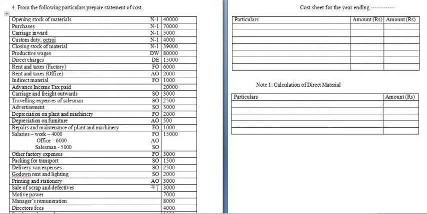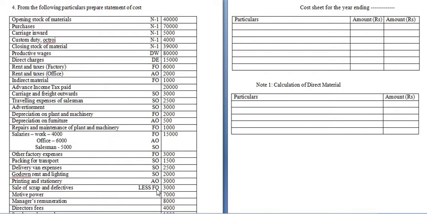Next comes sale of scrap and defectives. So this has to be deducted from factory overheads. Less factory overheads. Okay, motive power. So motive power means it is like water or steam which will be used for a machine or an engine.